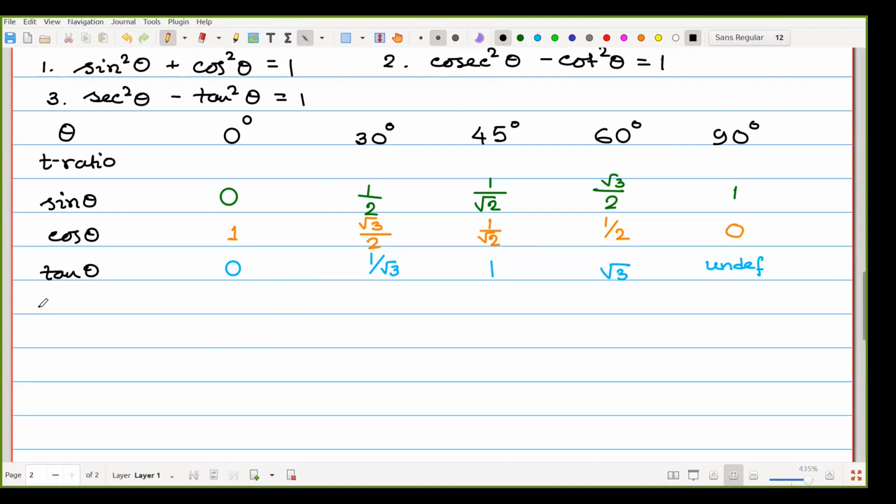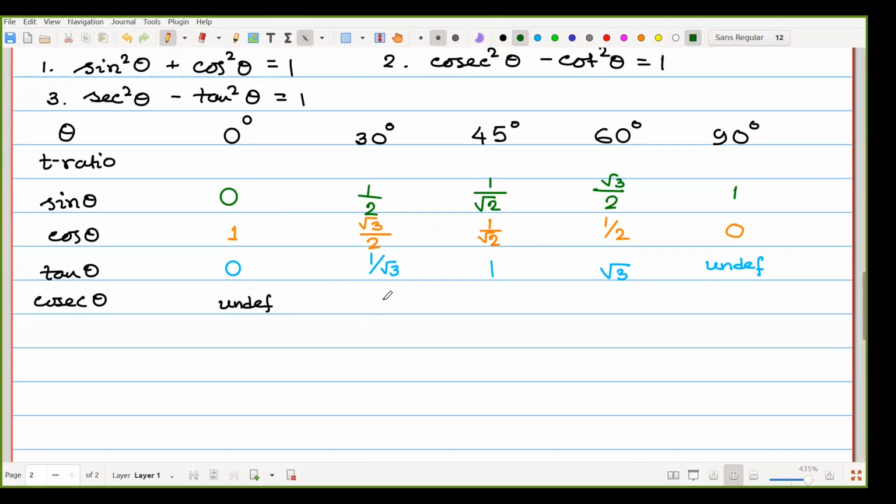Other t ratios, like suppose cosec 0 degree, the value is undefined. You can remember here cosec theta means 1 by sine theta, so 1 by 0, that is undefined.